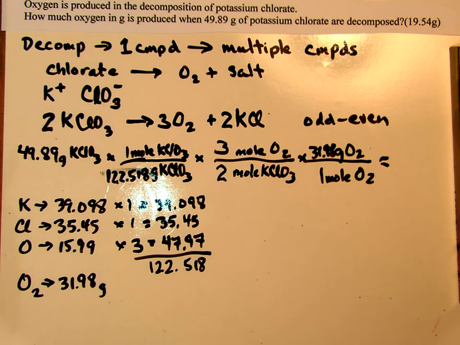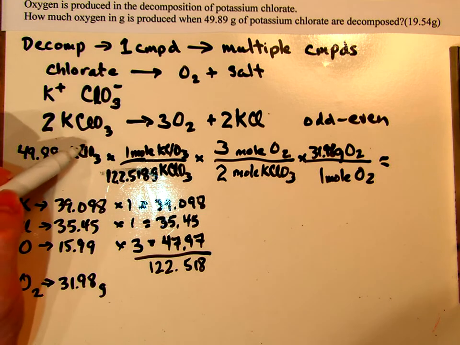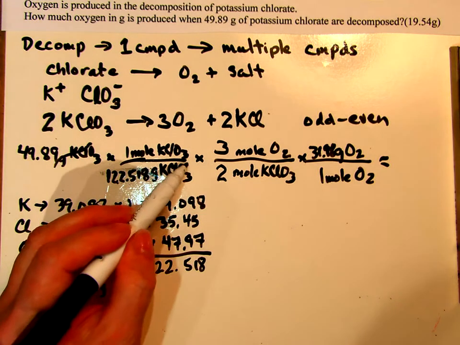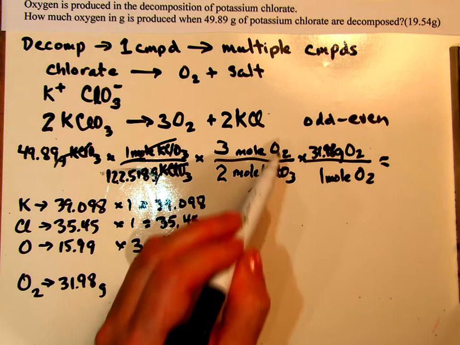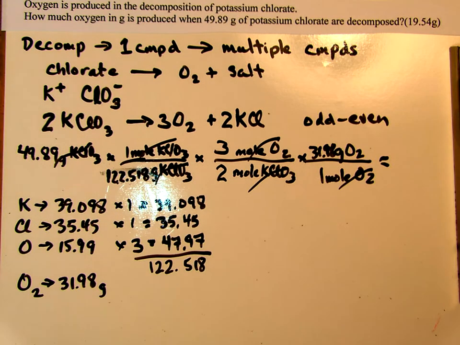Now, before we put this in our calculator, let's check our setup and see if our units cancel out properly. Grams of potassium chlorate cancel, moles of potassium chlorate cancel, and moles of oxygen cancel. The only unit we're left with is grams of oxygen, and they wanted our answer in grams, so we probably set this up right.